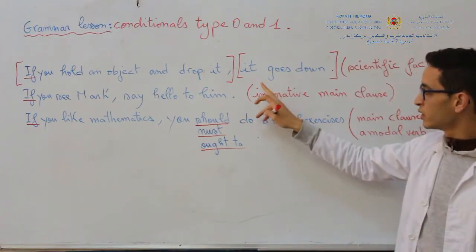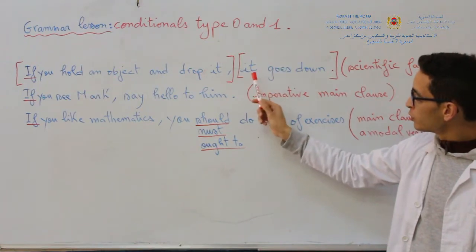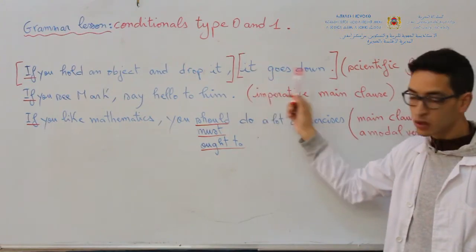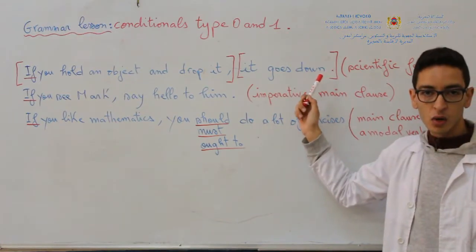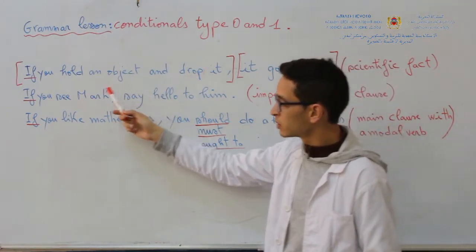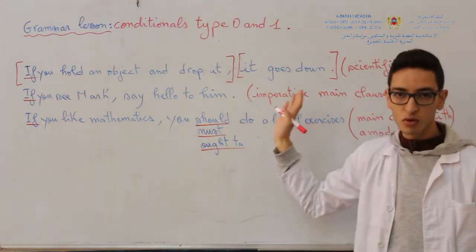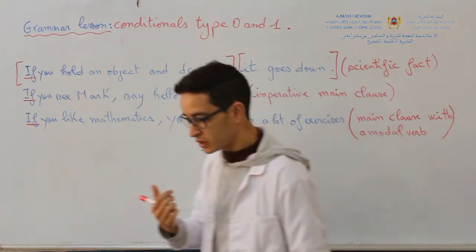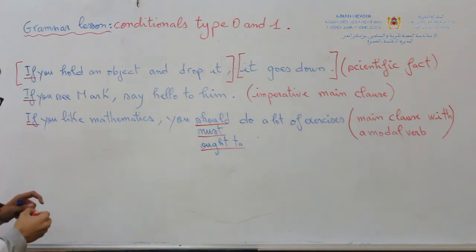Unlike if you start with this part, for example, objects go down. This is a possible sentence. This is a main clause, so it makes sense without the first part. But if you start the sentence with if, you can't expect your listener to understand unless you give him the answer to your hypothetical statement. So this is just between brackets.